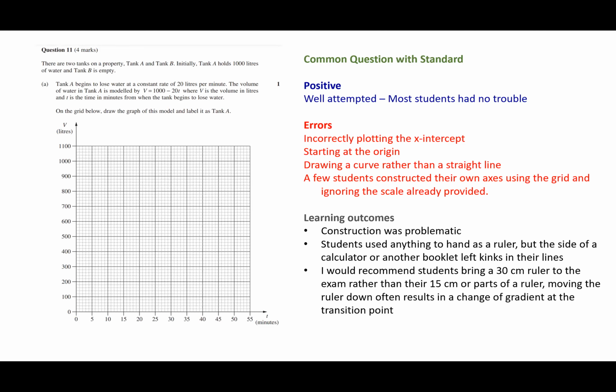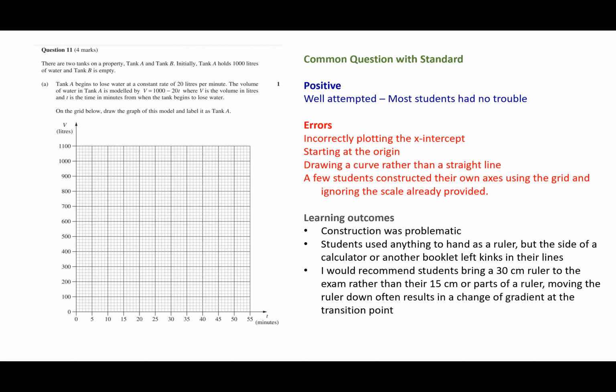So my first question is question 11, and this was a common question with the standard markers. It was a very well attempted question, and most students had no trouble at all. However, there were some common errors, and that would be incorrectly plotting the x-intercept or starting the graph at the origin, heading upwards, drawing a curve rather than a straight line.